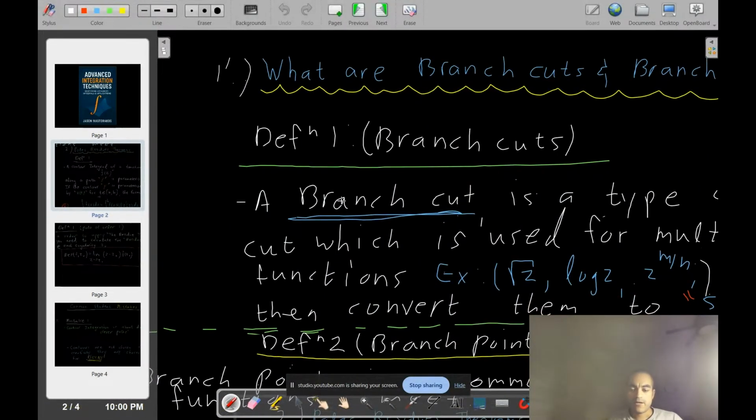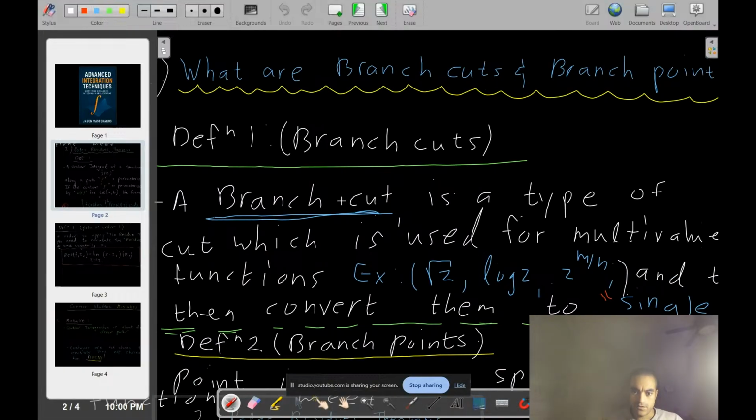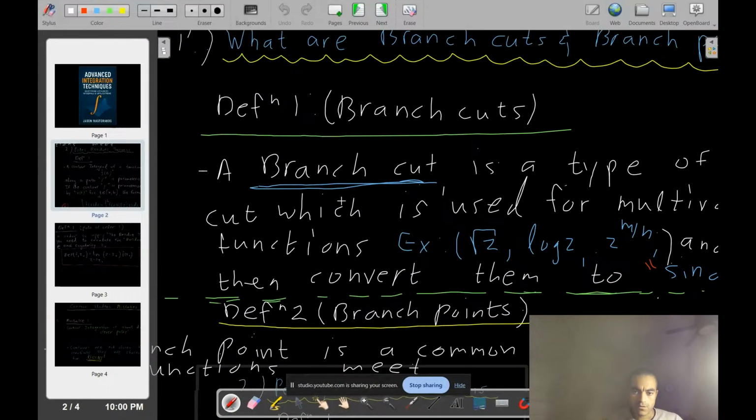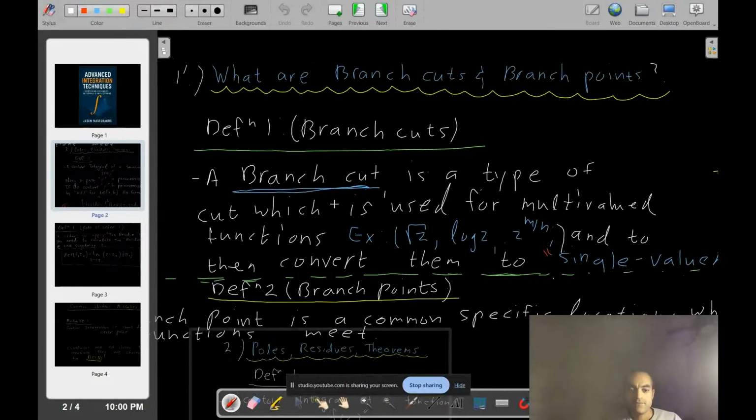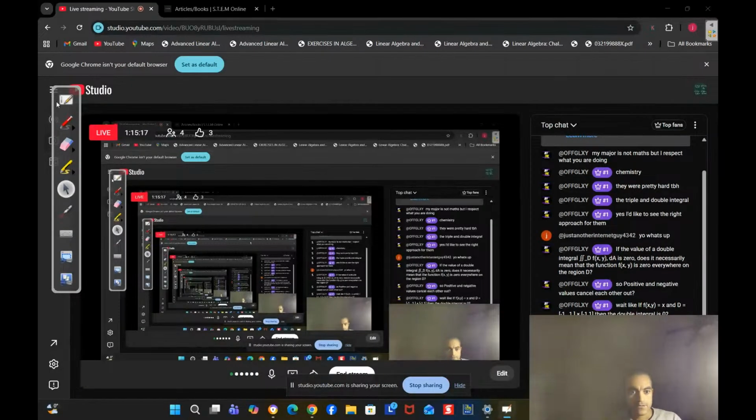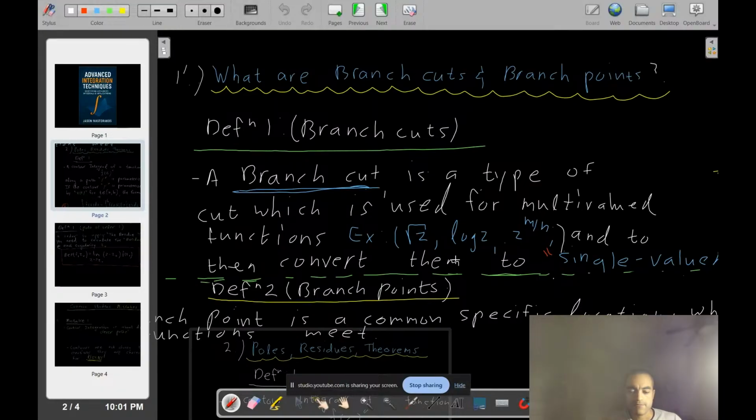For those of you coming in, I'll go through the definitions again. You need to know what a branch cut and a branch point is in order to understand residue calculus or contour integration. So a branch cut is a type of cut which is used for multi-valued functions. If there are any questions, please stop me.